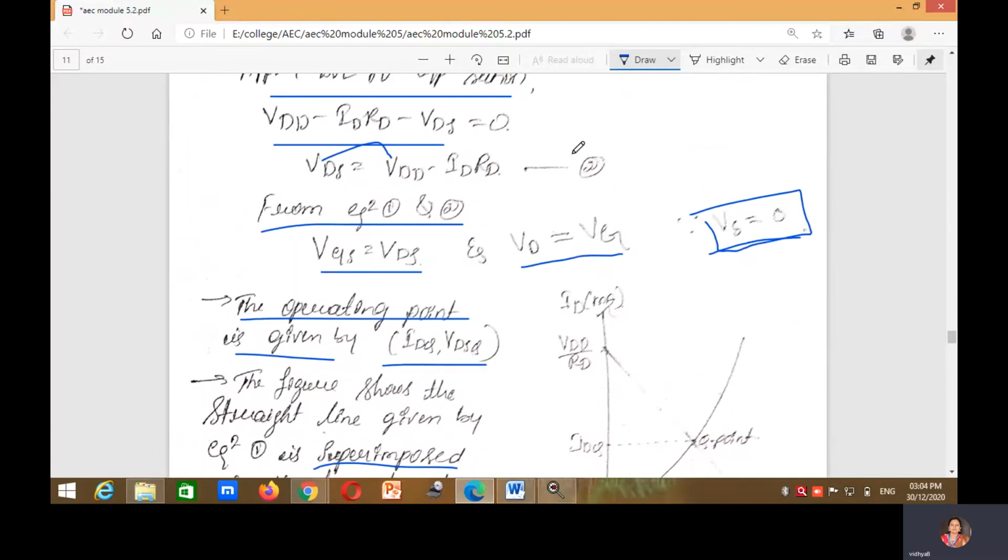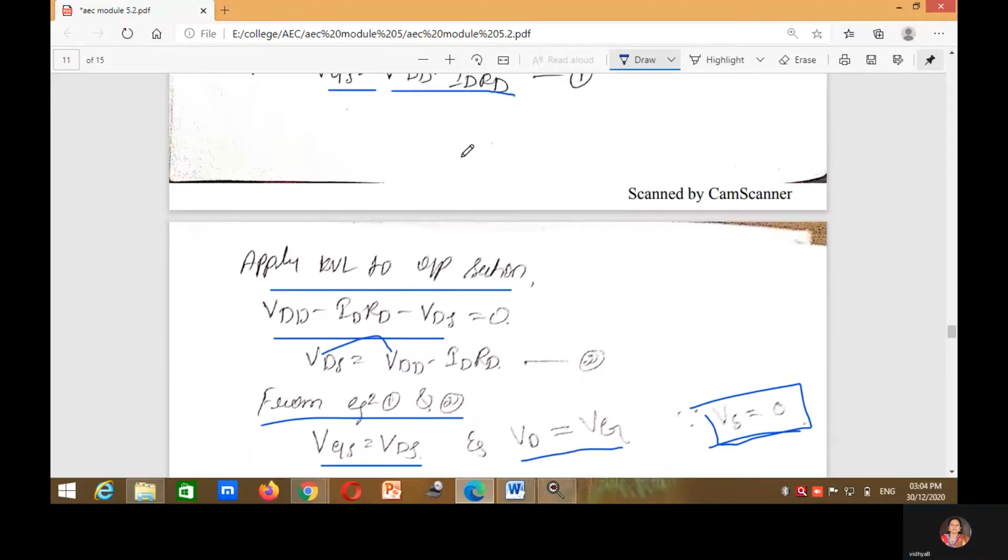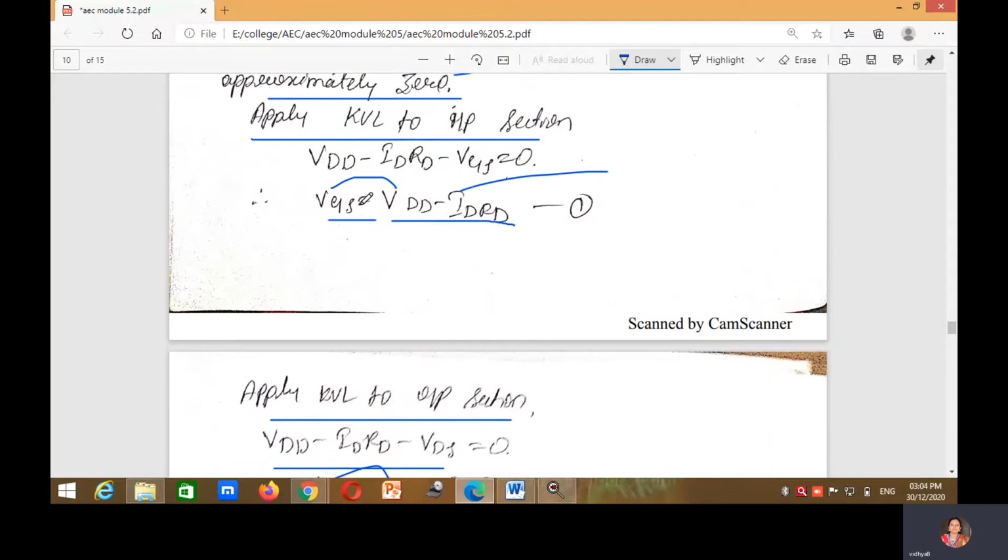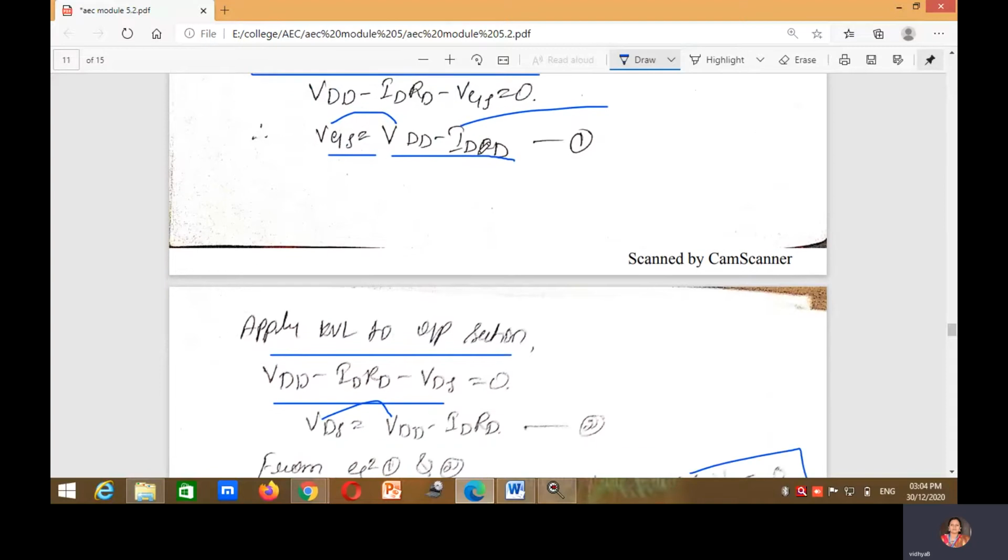When you substitute ID equal to 0, you will get VGS equal to VDD. When you substitute VGS equal to 0, you will get ID equal to VDD divided by RD.